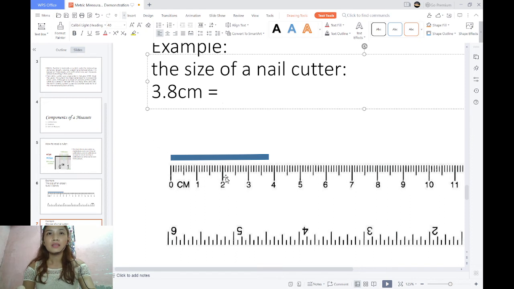So 10, 20, 30. However, we cannot say it's 40 because it doesn't end with 4. We will add the 8 to the 30. Very good. So 30, 1, 2, 3, 4, 5, 6, 7, 8. So we have 38 millimeters.